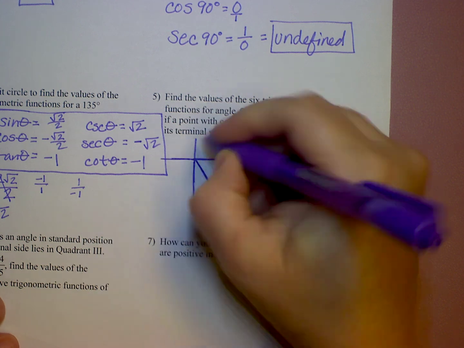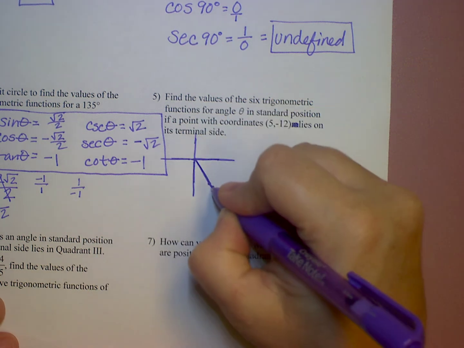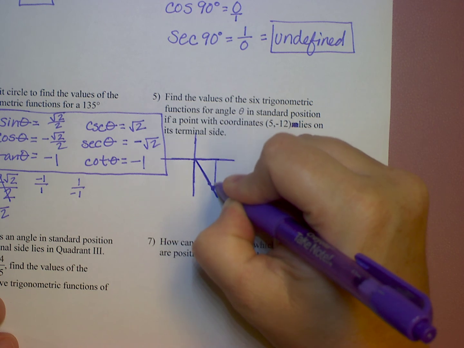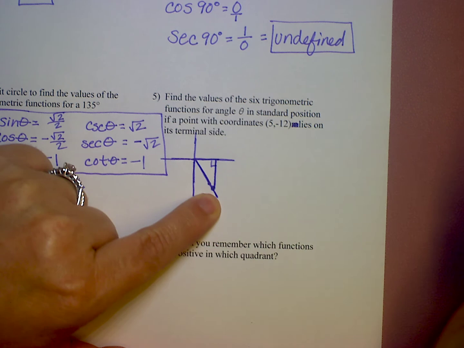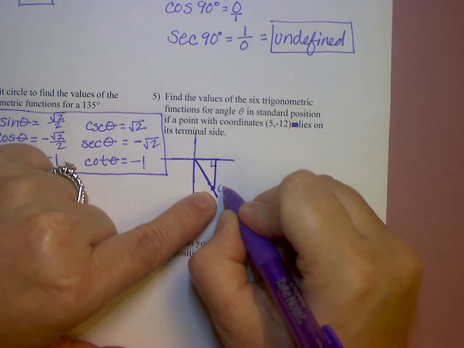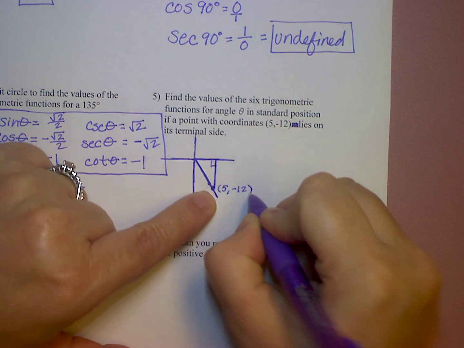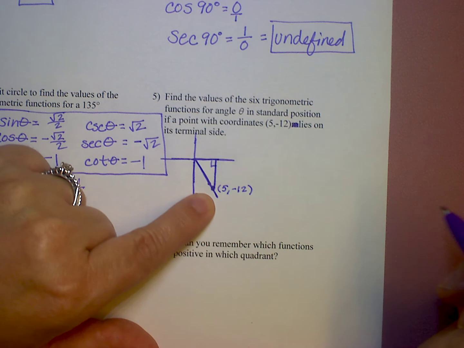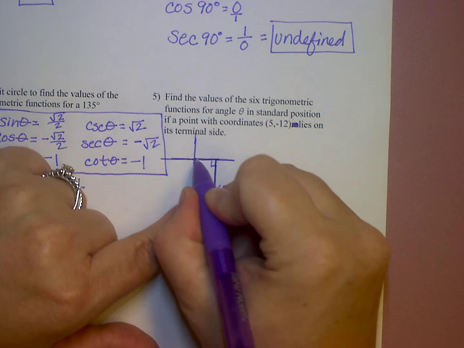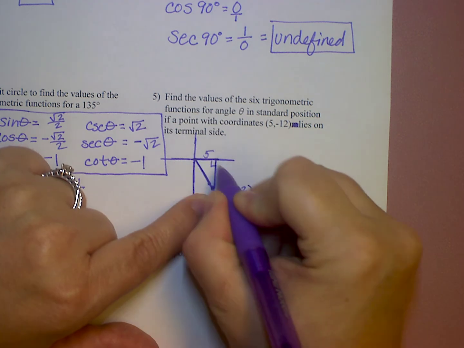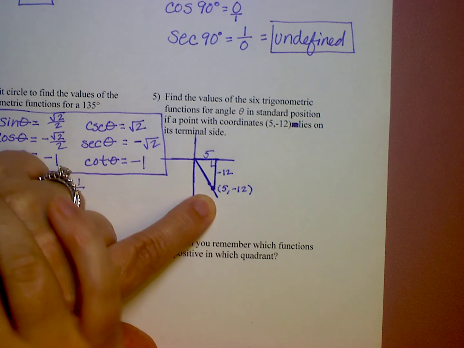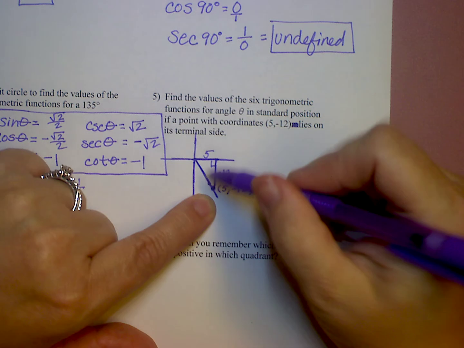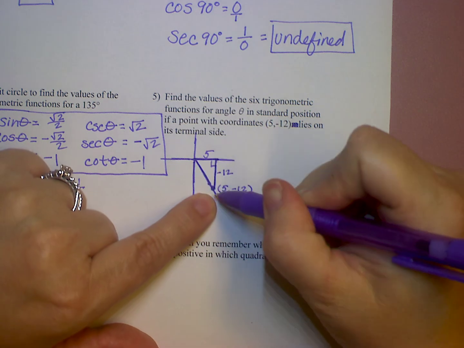Okay? Now, if this is the point 5, -12, if I make this into a right triangle, and this is the point 5, -12, couldn't I label two sides of the triangle, one as +5 and one as technically +12, but I could call that -12, because isn't that the path I took to get to that point?